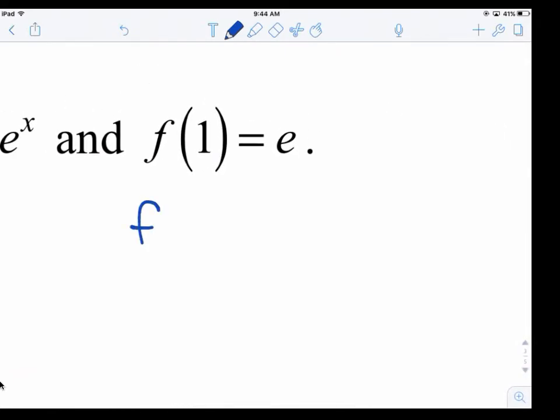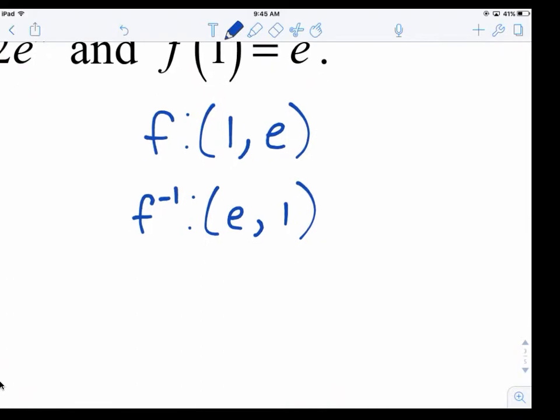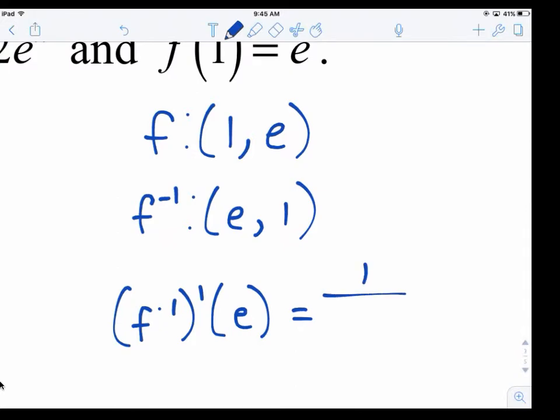If f has a point at (1, e), what will its inverse have a point at? (e, 1). So the derivative of the inverse of f at e is going to be the reciprocal of f prime at what? 1. Right. So now all I have to do is find f prime of 1.